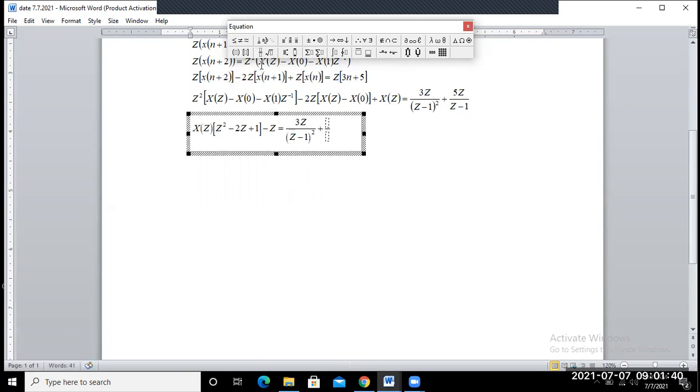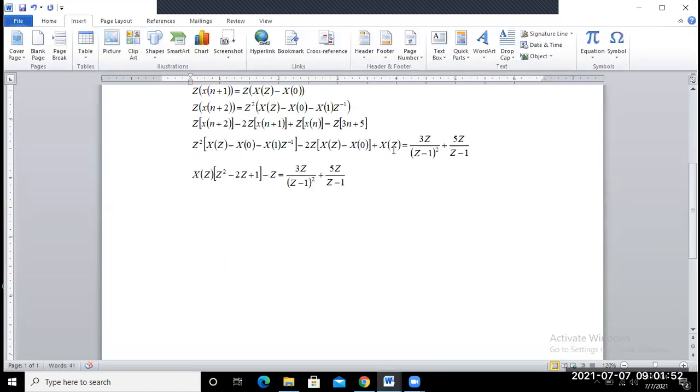5z by z minus 1, z minus 1. Okay. So this one is your z minus 1 whole square. You can write here, na? z minus 1 whole square.